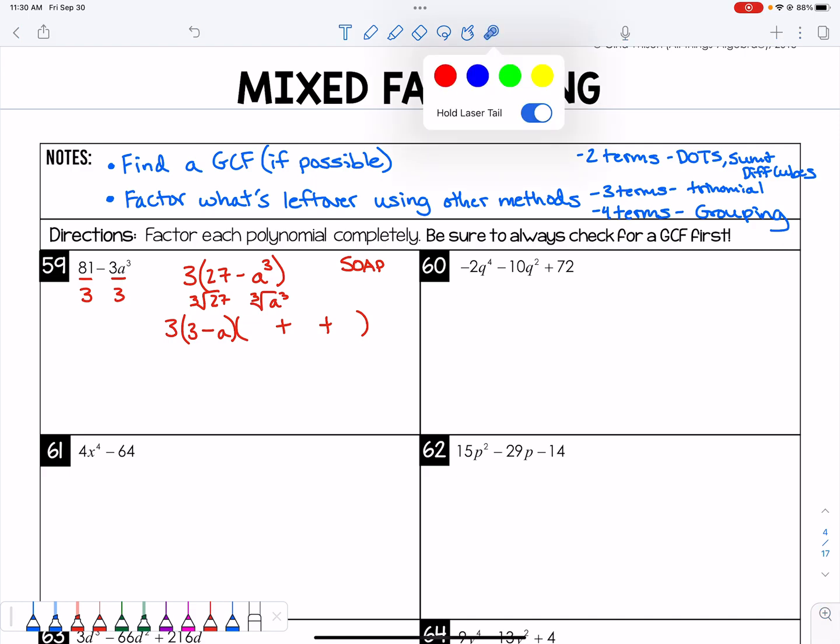And then I can take my first terms and get my trinomial. So these two in a binomial are going to give me my trinomial. I have to square the first term to get the first term, so that would give me 9. I have to square the last to get the last, so that would give me a squared. And then I got to multiply those two together, ignoring the sign, and put that in the middle.